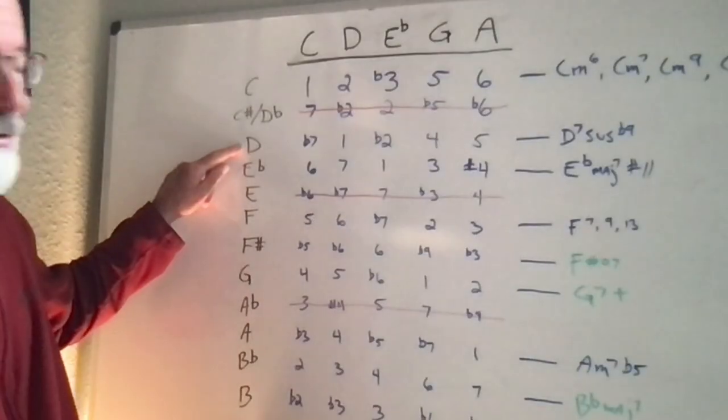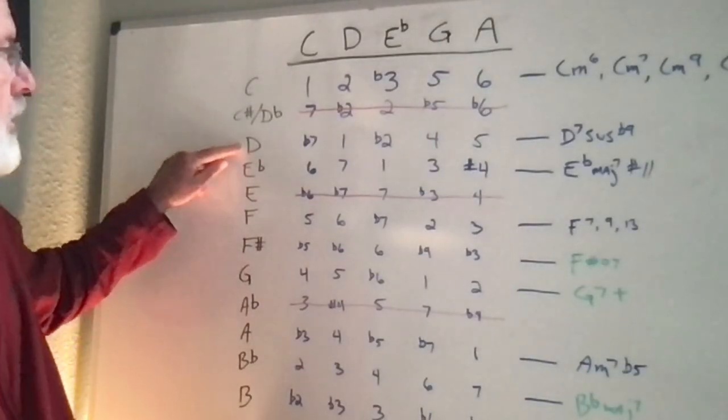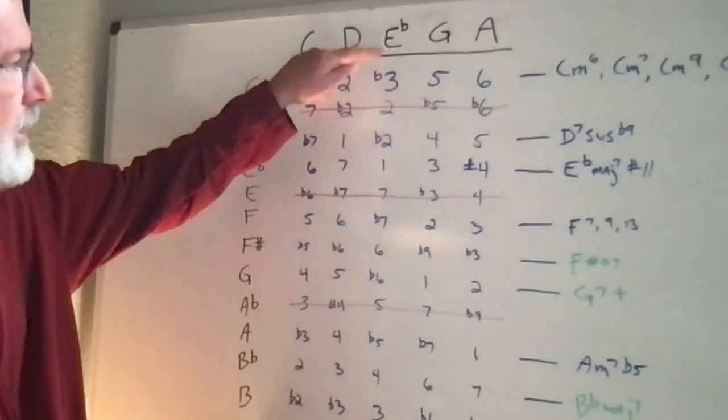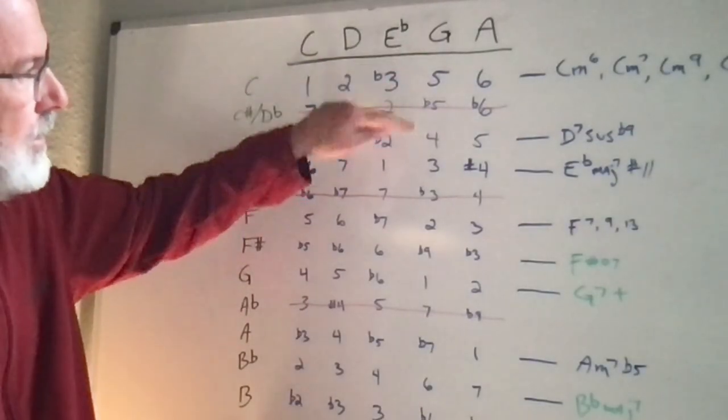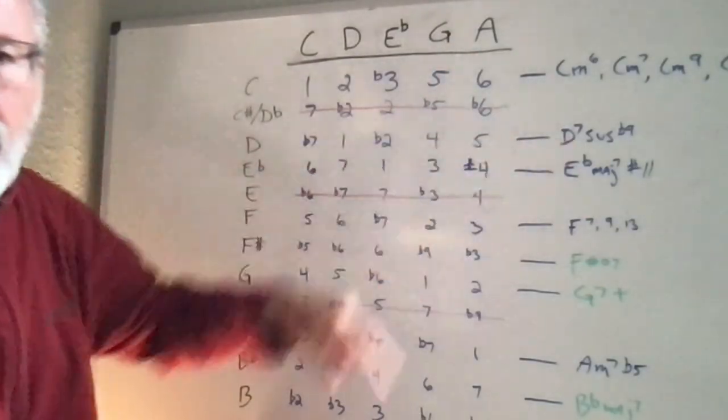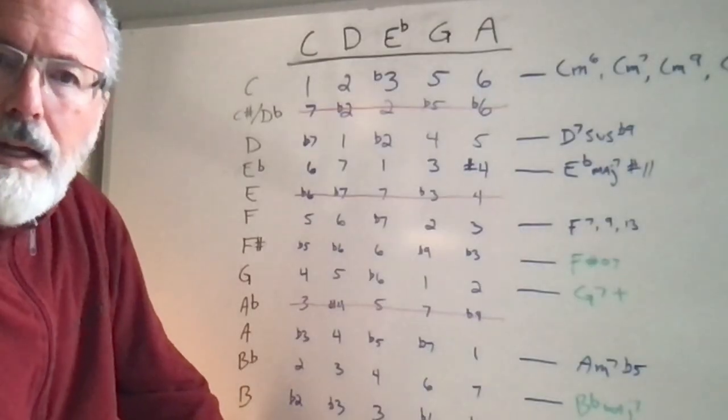We go to D natural. If D were the root, C would be the flatted seventh, D is the root, E flat the flat second, G the perfect fourth, A the perfect fifth. That works great for a D7 sus with a flat 9.